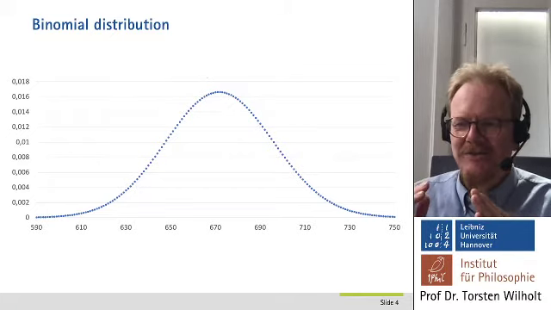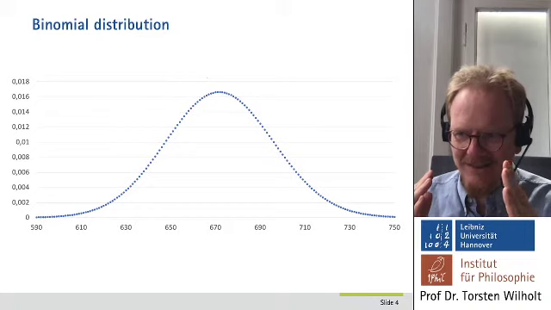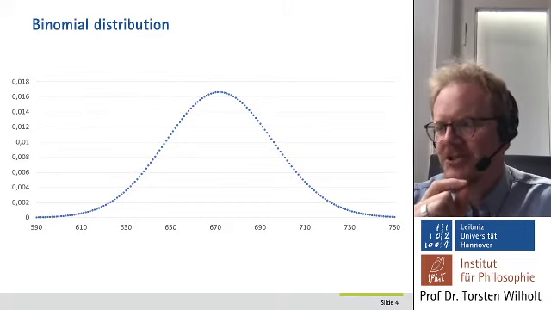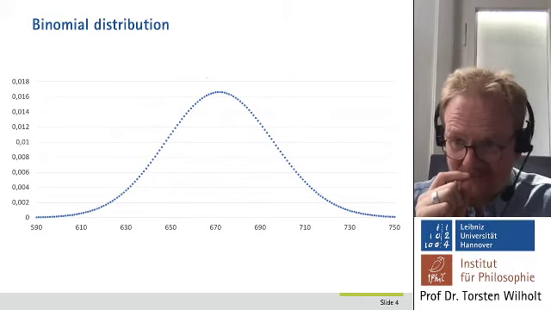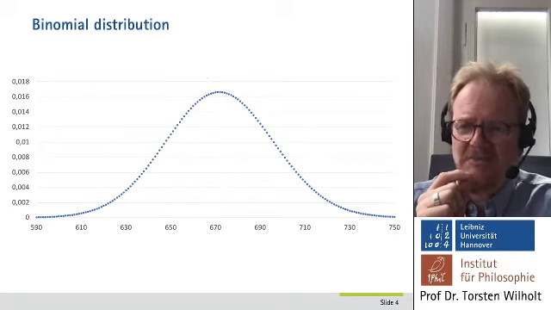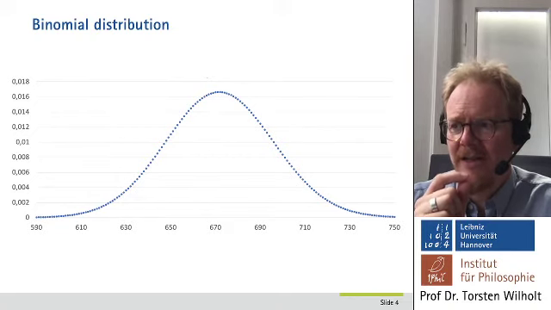So again, the laws of large numbers do not say that the observed frequency will approach this predicted probability, but the laws of large numbers say that it is more and more probable that they will.